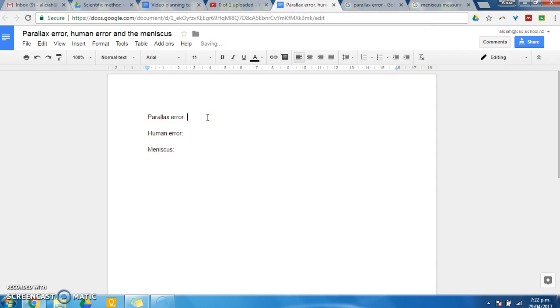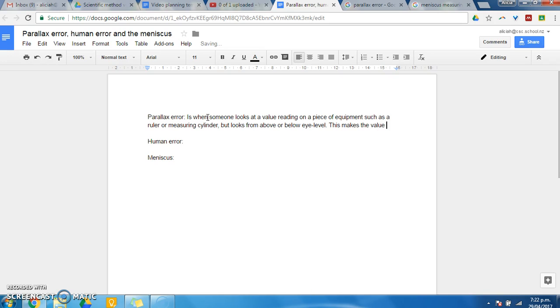parallax error. So, let's say parallax error is when someone looks at a value reading on a piece of equipment, such as a ruler or measuring cylinder, but looks from above or below eye level. This makes the value higher or lower than it actually is.